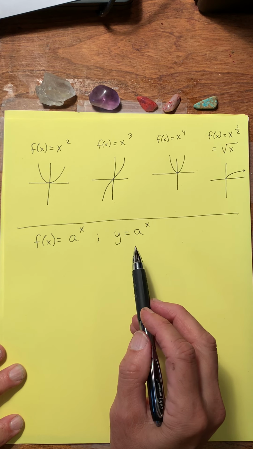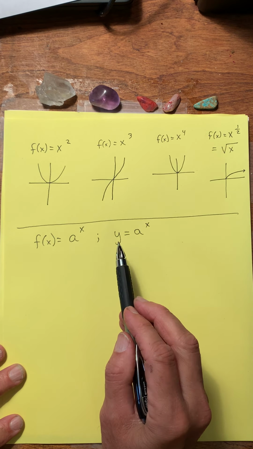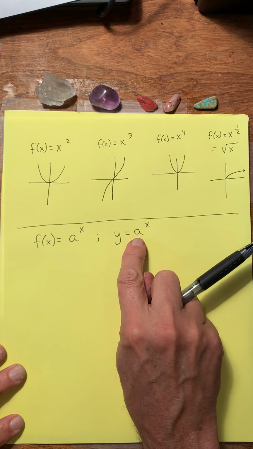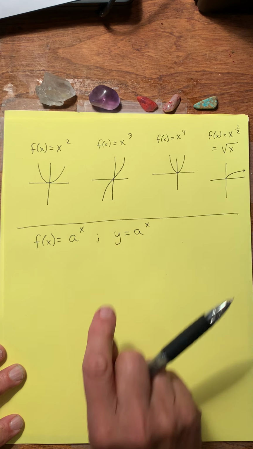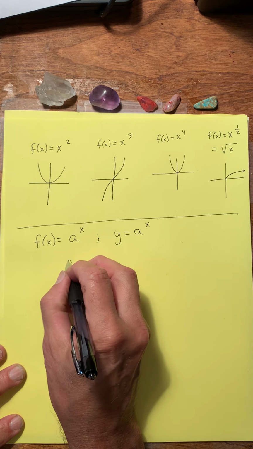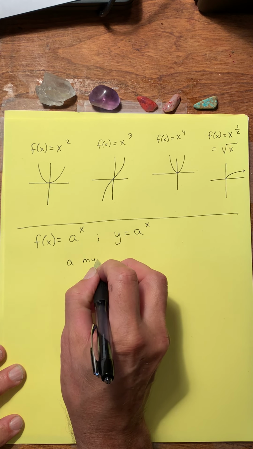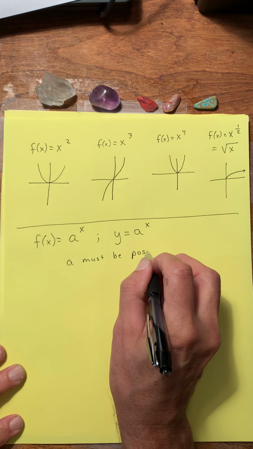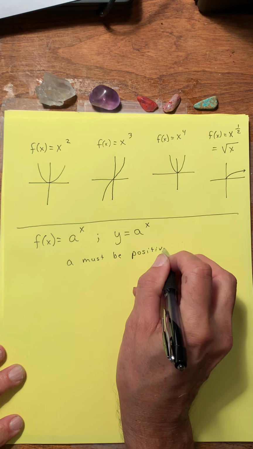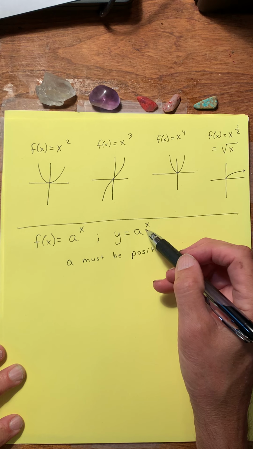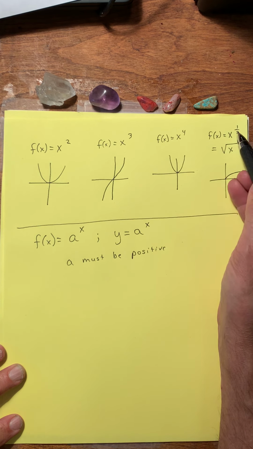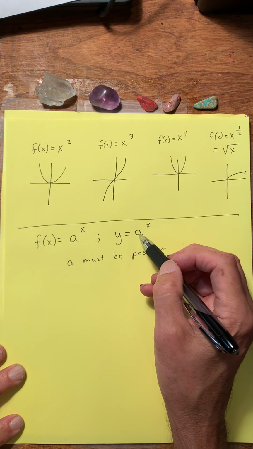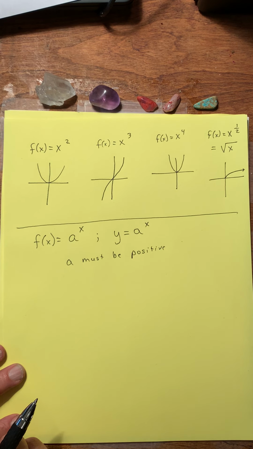One thing you should note about the exponential function is that your base has to be positive. Otherwise, you're going to find yourself in positions of taking the 1/2 power, which of course is the square root of a negative number. So this can't be negative.